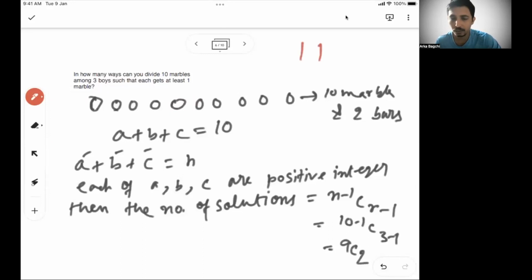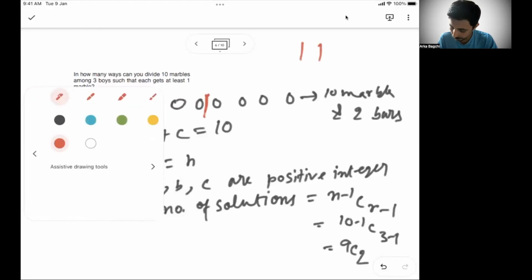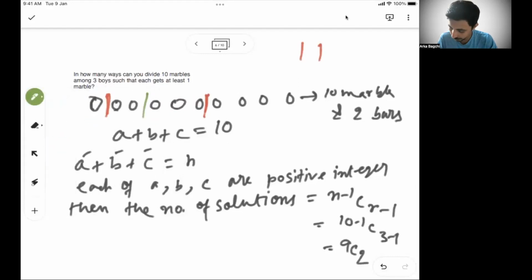To distribute it among 3 people, I have to place these 2 bars anywhere possible. So out of those 9 gaps, I have to place these 2 bars into 2 gaps. So I can place this here and here, or I can place this here and here. So there are total 9 gaps available.